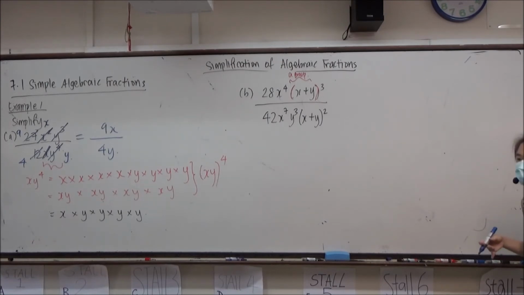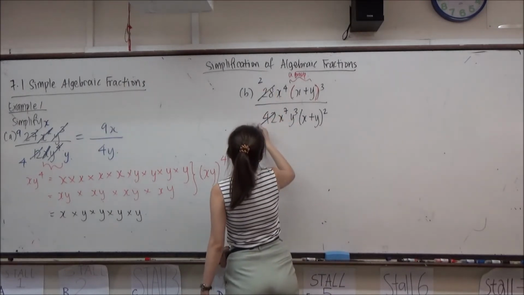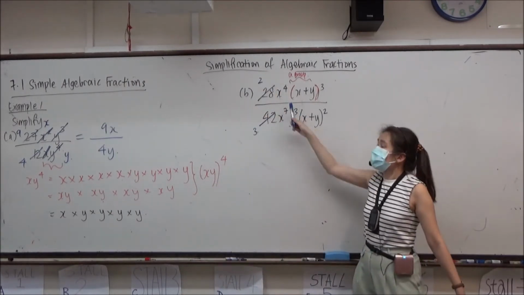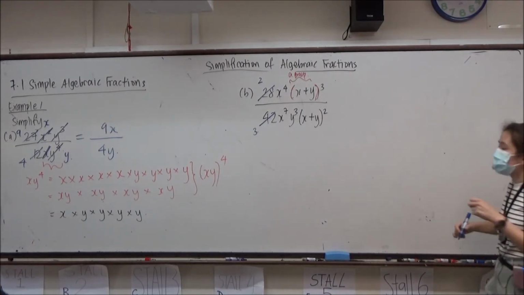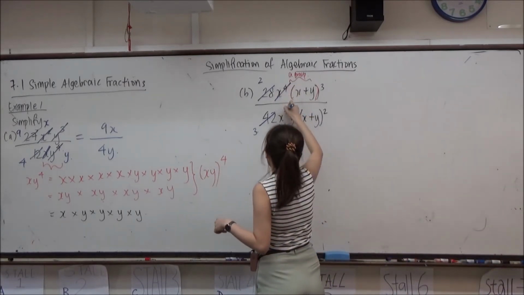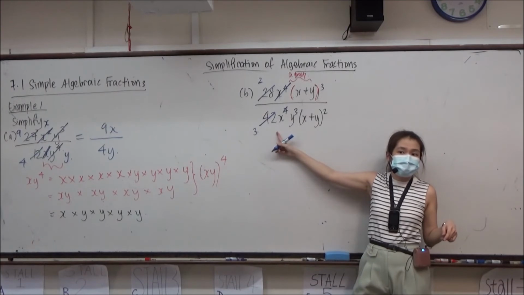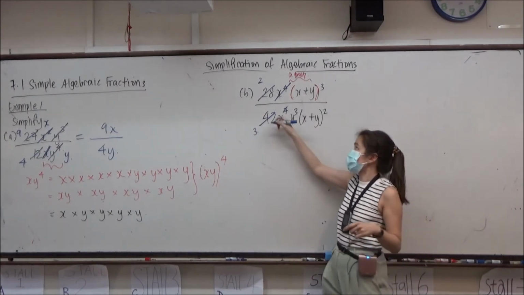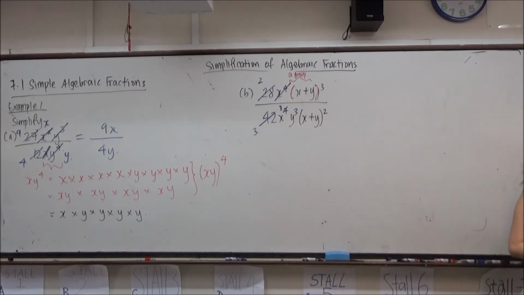So yes. 2 over 3, yes. Okay, so cancel 2 over 3. Alright? Then after x to the power of 4 and x to the power of 7 at the bottom, how many x can we cancel? 4 x. Alright? So cancel away. Left with how many x at the bottom? 3, right? Okay. So 7 minus away 4. So that's why left with 3.